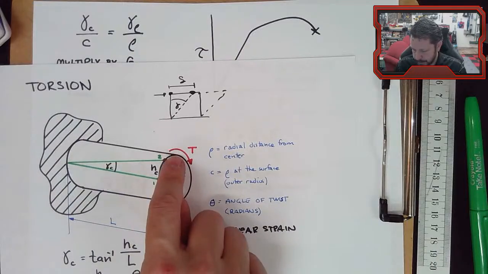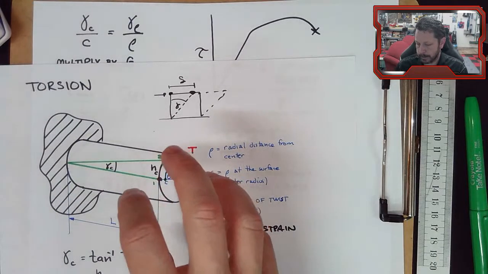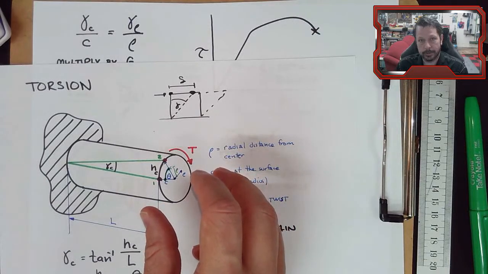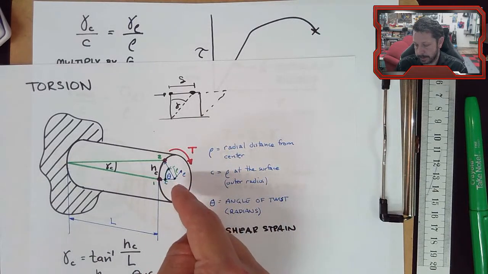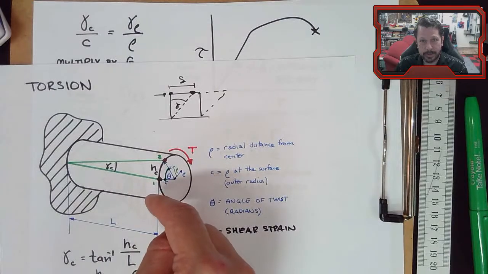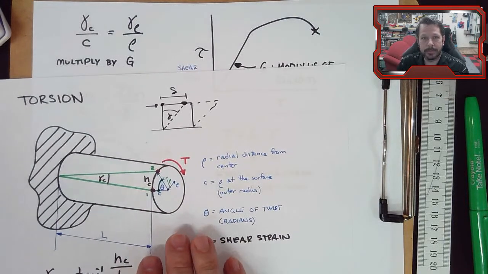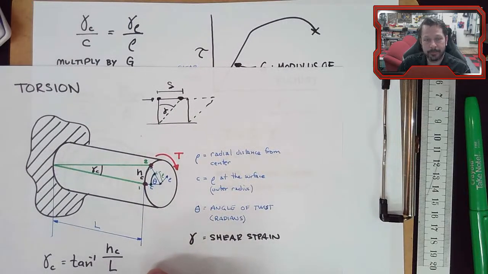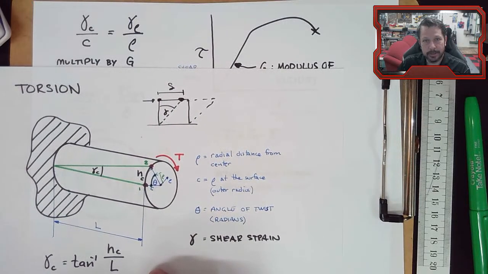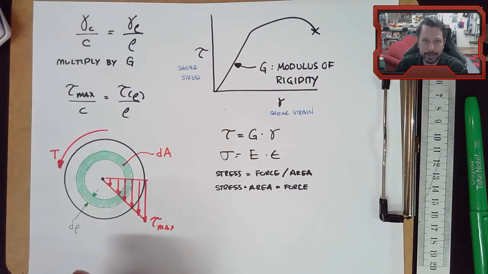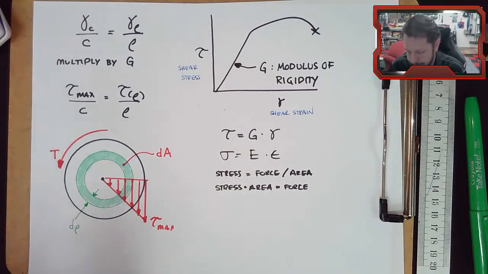There is a force at a distance, but we are specifying that it is creating rotation or twisting about the longitudinal axis of a shaft. So they're really the same thing, but we use different words. Torque to mean when we're delivering some kind of rotation along the length of a shaft versus a moment being a flexure or a bending or something like that. But they're the same thing.